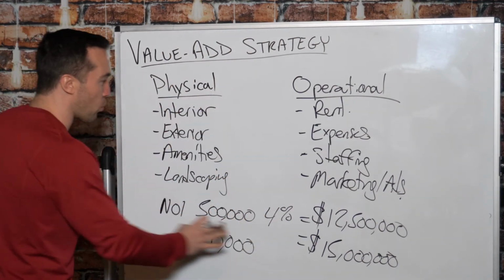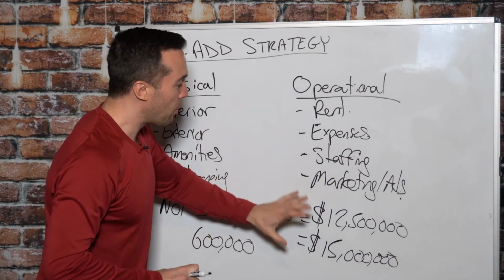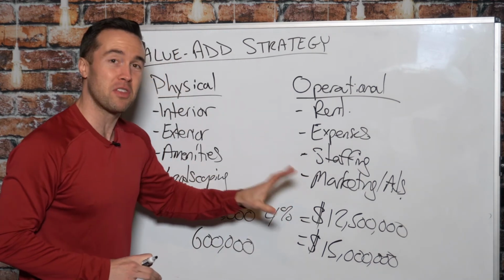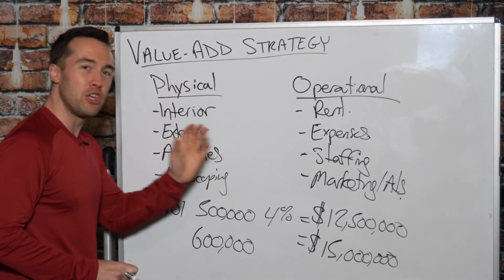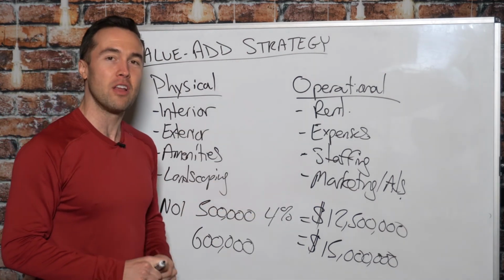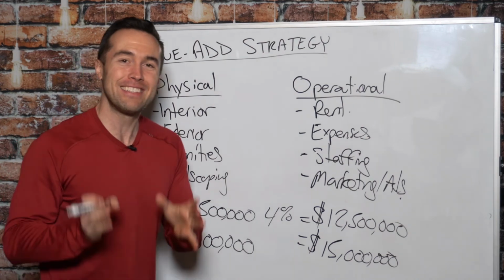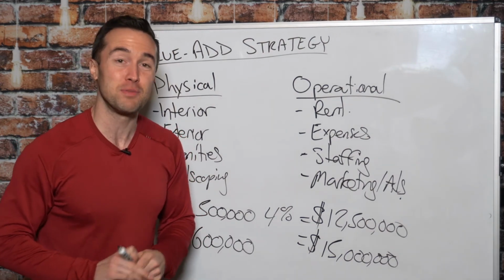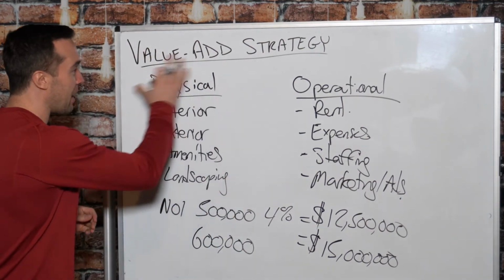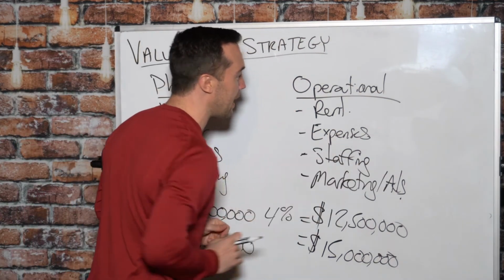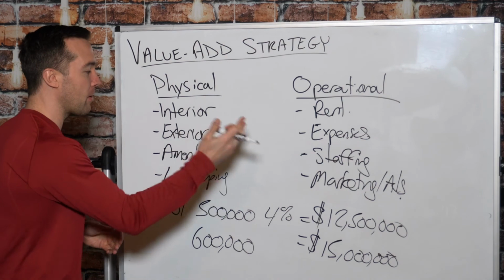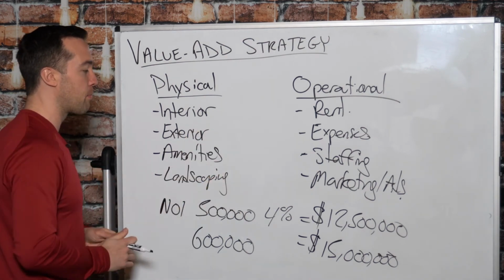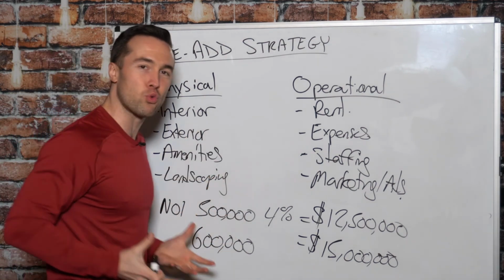As long as we're doing the right stuff here, the NOI has a big impact, especially with the compressed cap rates today. A dollar of NOI has a huge impact on the valuation of your property, and that is how multifamily real estate investors make money. They do the physical value add, they do the operational value add, and when you put those together, you can have a big impact on the bottom line, on the value of your property, just by forcing and driving that NOI.